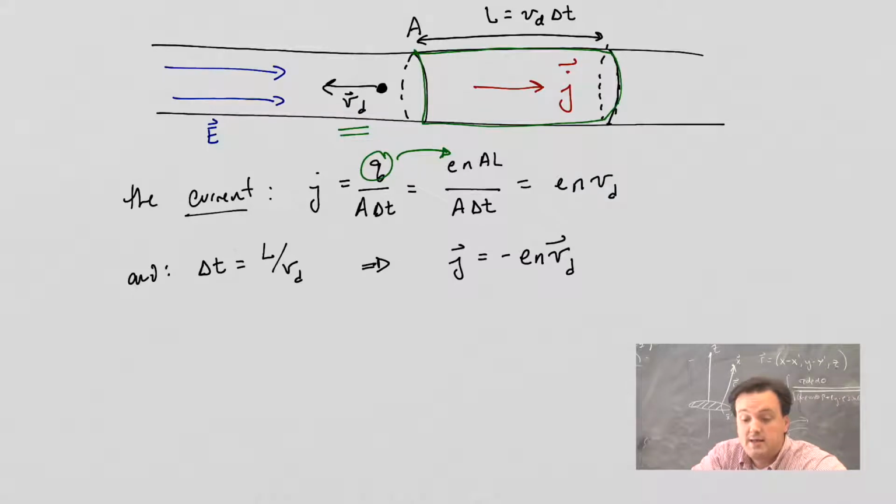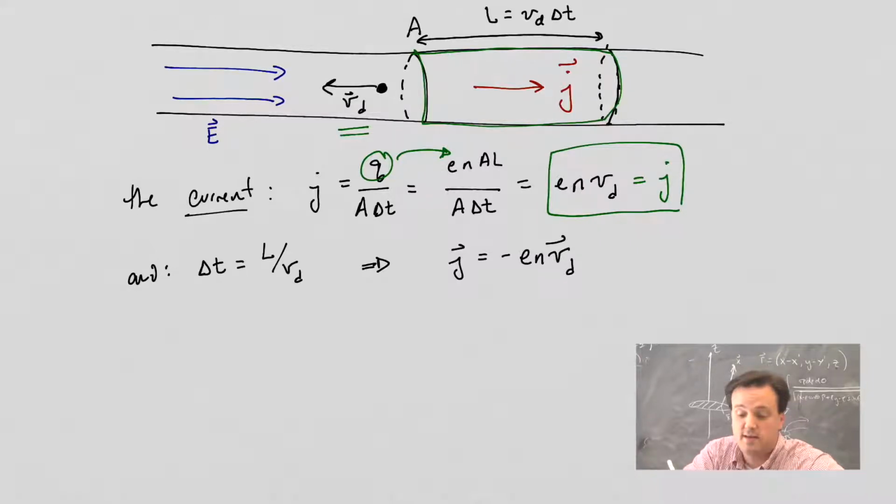But of course, L and delta t combine to give me this drift velocity, and so the actual expression for the current density is related to the quantities of real interest. The current density is the drift velocity of the electrons times how many electrons there are, right? So the velocity of one times the number of electrons is going to give me the total charge that's passing through that surface area in a given amount of time.